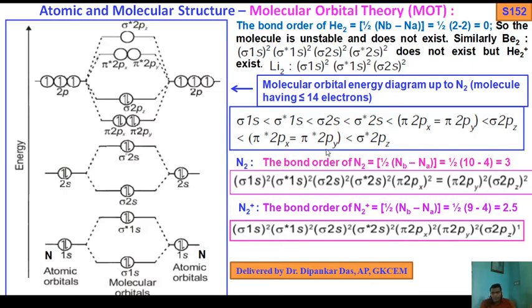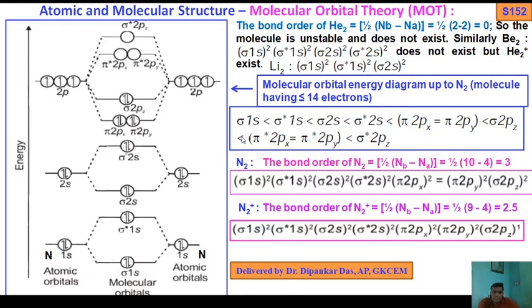Up to B2, C2, N2, up to 14 electrons, that will be the trend of electronic configuration. You just put the electrons here, then you get the MO electronic configuration. First sigma 1s comes, then sigma star 1s, because energy of sigma 1s is less than sigma star 1s.